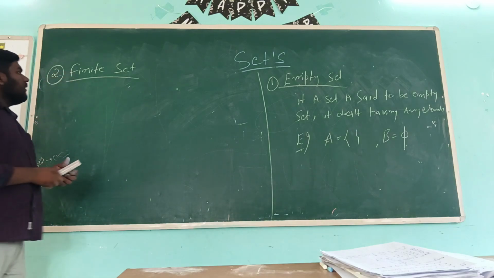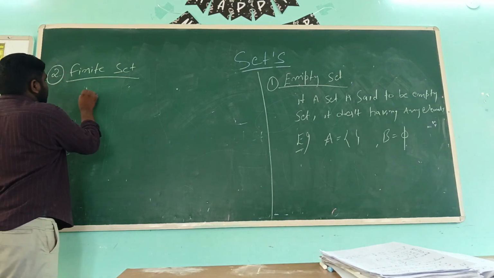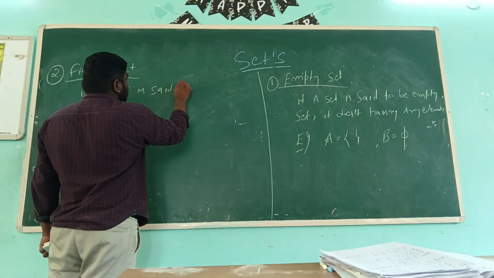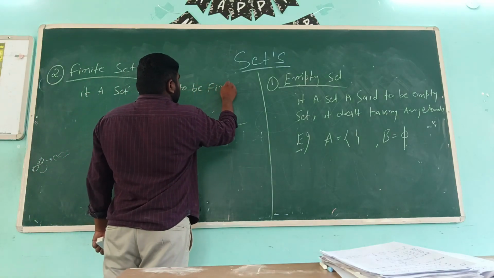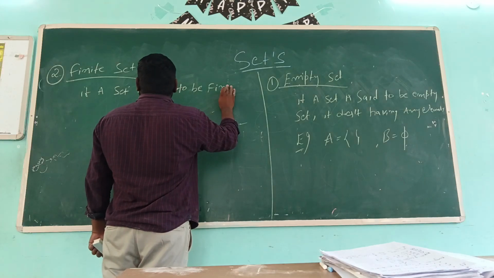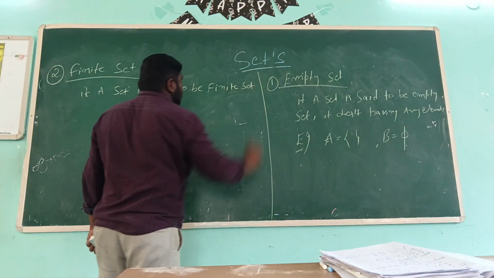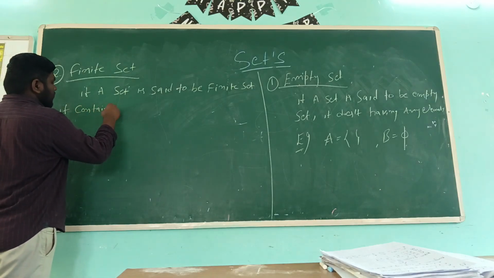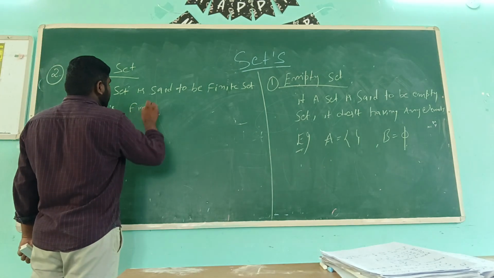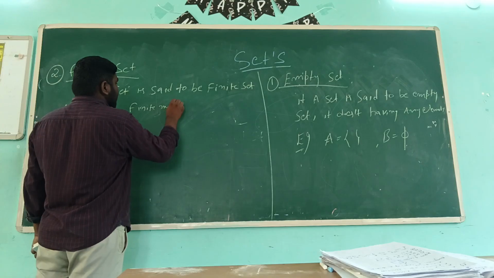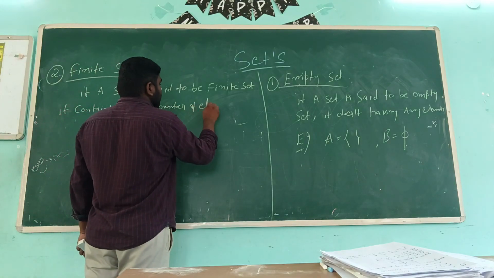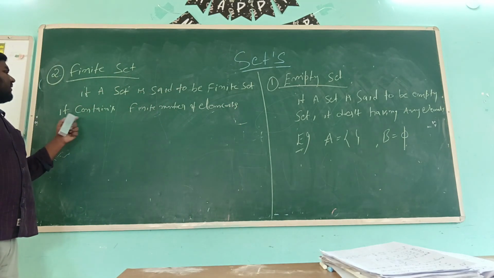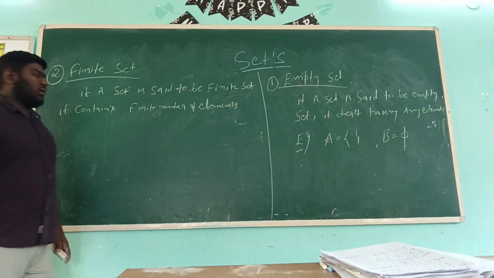What is a finite set? If a set is said to be a finite set, it contains a finite number of elements, or a countable number of elements.